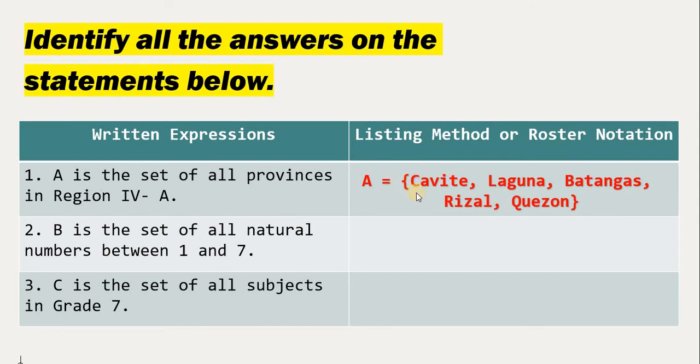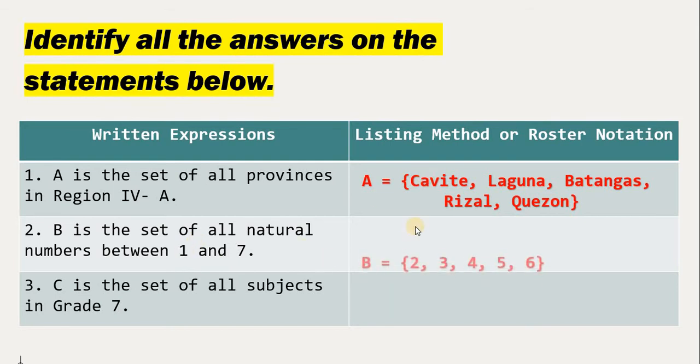Okay, tandaan natin, ang ginagamit natin dito ay braces or yung curly brackets. Okay? So, hindi pwede yung open and close parentheses. Next, for number 2, B is the set of all natural numbers between 1 and 7. So, ano daw yung mga natural numbers na nasa pagitan ng 1 and 7?